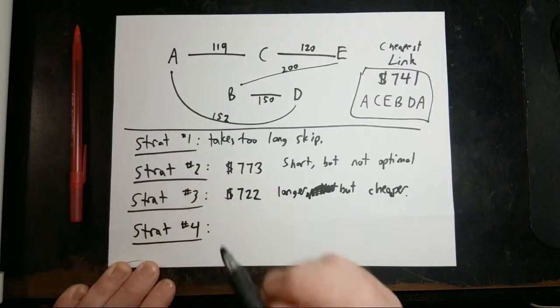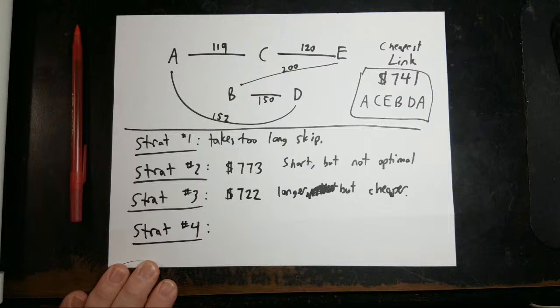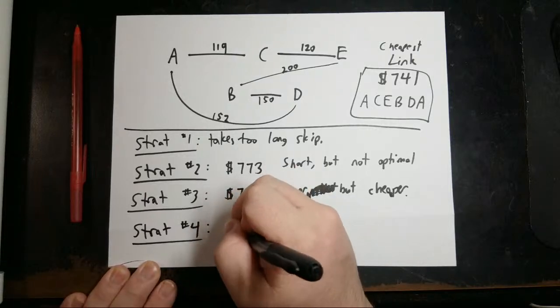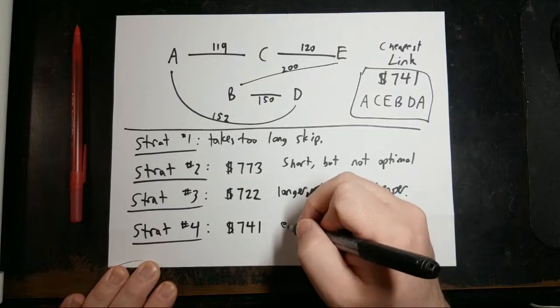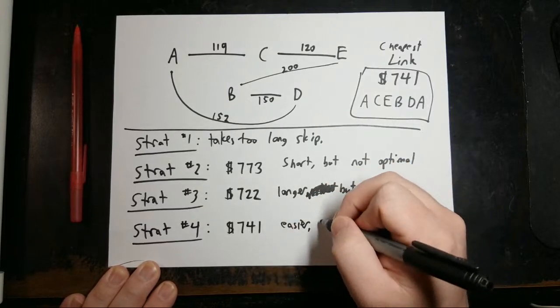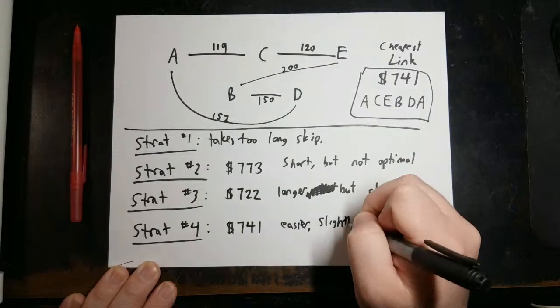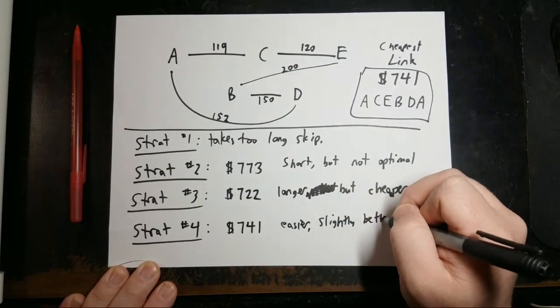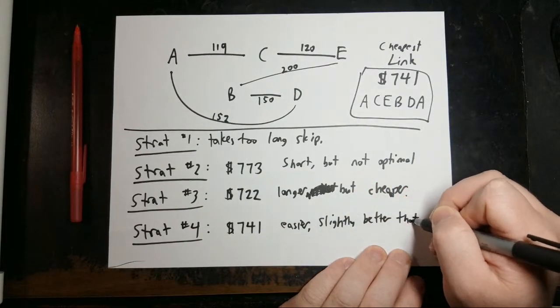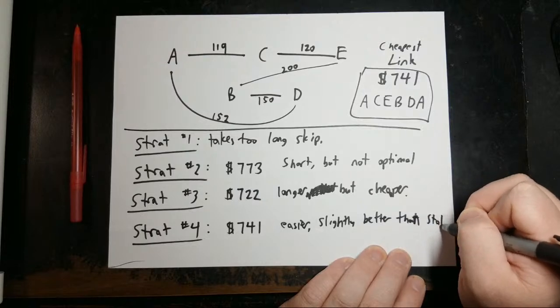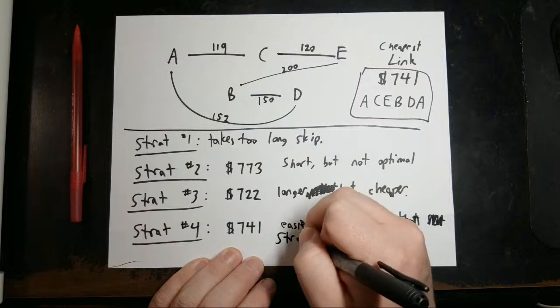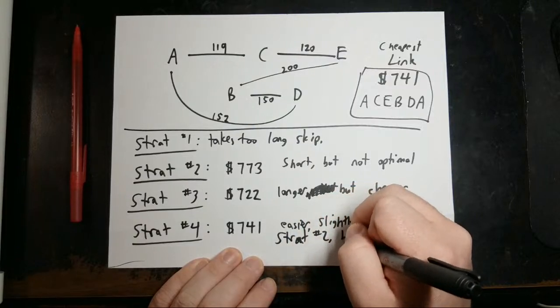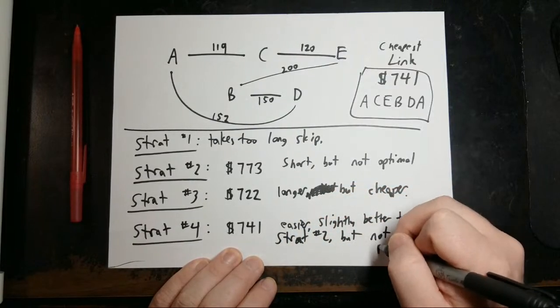Then we did strat 4, which was cheapest link. Cheapest link got us a $741 path. It was easier and slightly better than strat 2, but not optimal.